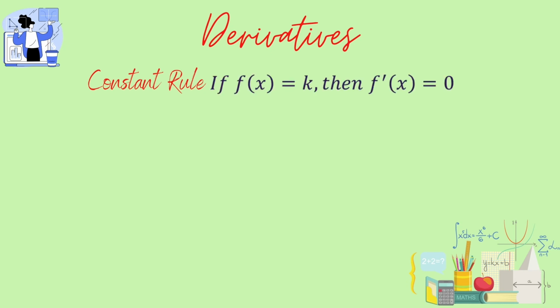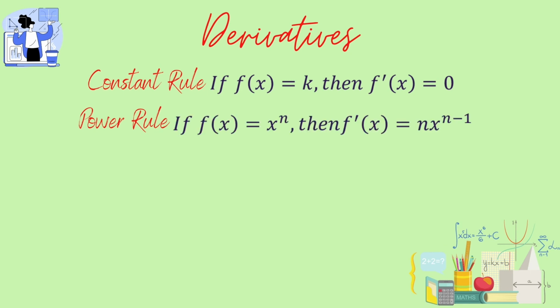Let us now summarize the rules on derivatives that we have covered. The derivative of the constant function is always 0. Given the variable raised to an exponent, its derivative is the exponent times the variable raised to the original exponent minus 1.